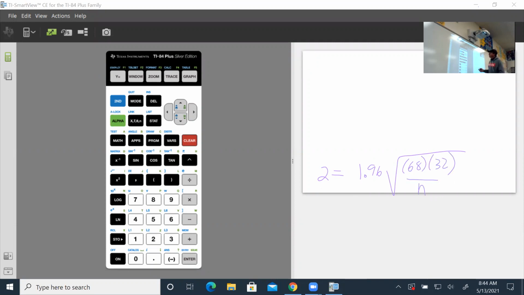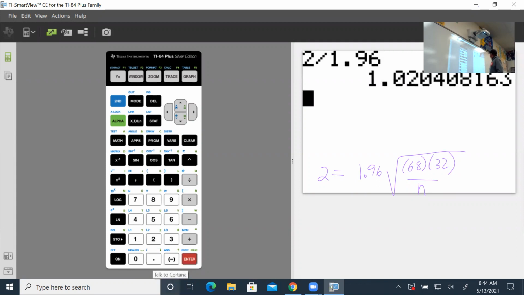First step is, like I said before, we're gonna divide 2 divided by 1.96. Okay, you can see the answer is 1.02. I'm going to square that to get rid of the square root next.